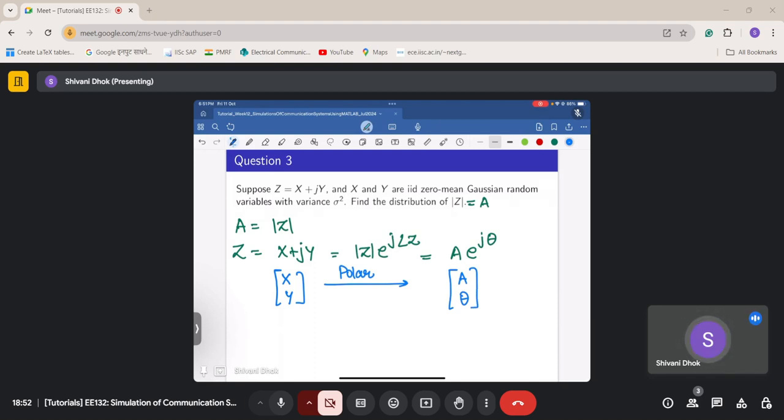The joint PDF of x and y is given to us, because we know that x and y are IID zero mean, variance sigma square random variables. We need to find f A theta of A comma theta. This we don't know, so what we need to do is known as transformation of random variables.